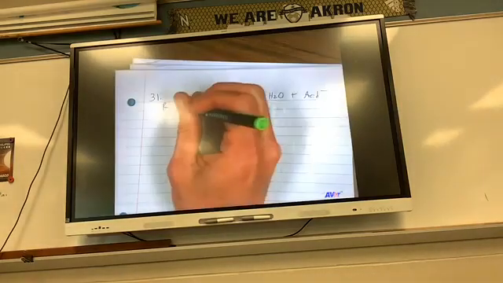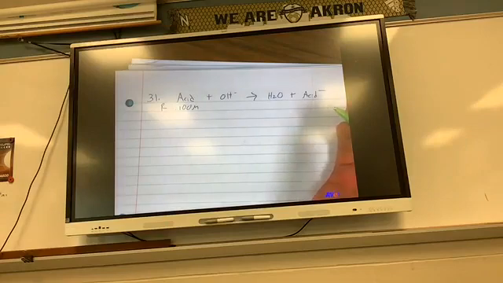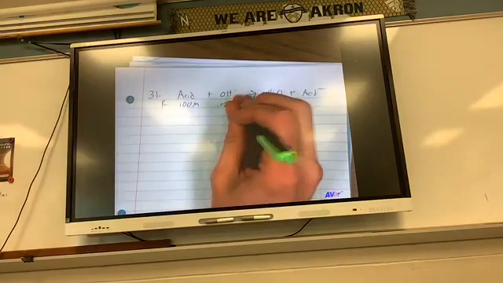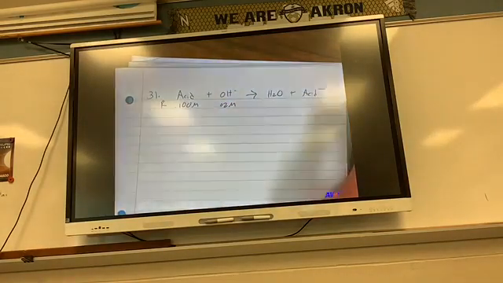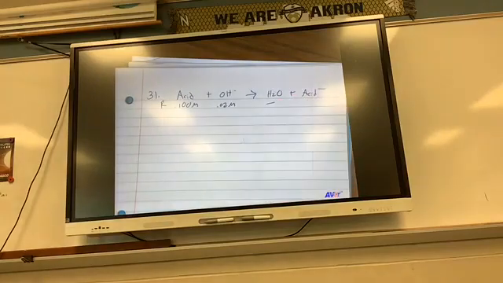So for my initial, I have 0.100 molar acid. For my OH minus, I also have a starting amount because I have 0.02 moles in 1 liter, so this is 0.02 molar. Water is not involved. And I haven't made my new acid yet.